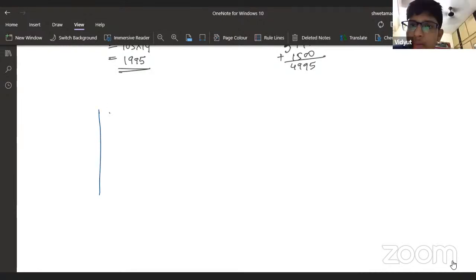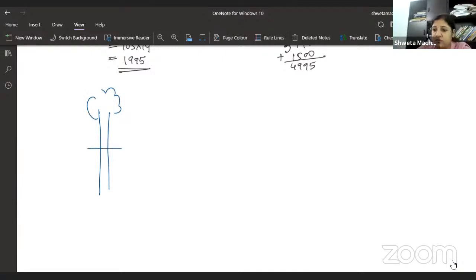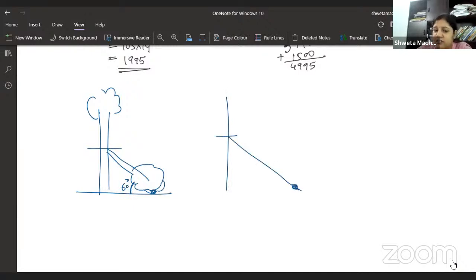This I was getting, a tree. This was cut by a storm, so this part bent down and reaches here, down, and makes an angle of 60 degrees. So this is the actual height of the tree. From here it bends and falls, and the bent part, the top of the tree, makes an angle of 60 degrees with the ground.